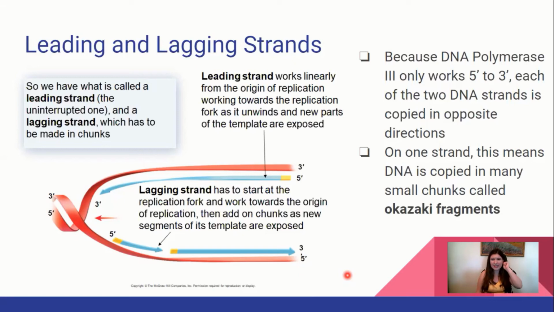And that part where we make it in chunks is really where ligase, the enzyme that sticks together little gaps, becomes really important because we're going to need to link those Okazaki fragments back together. And they actually each have their own little RNA primer because that whole process that we discussed on the last two slides has to happen for every little fragment.